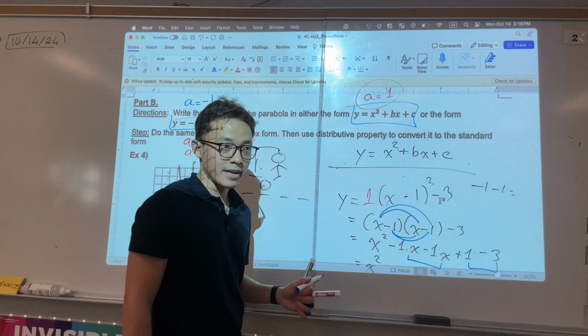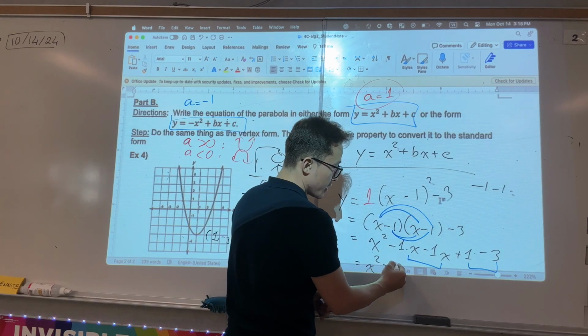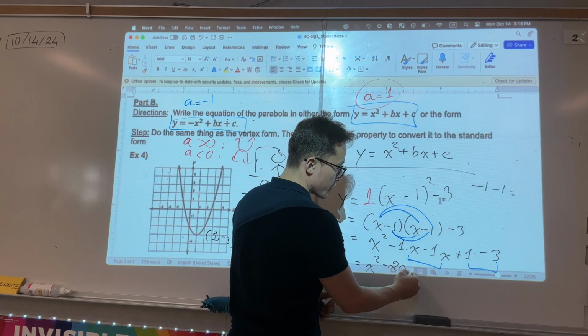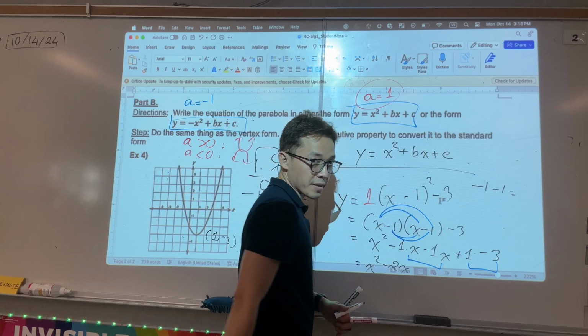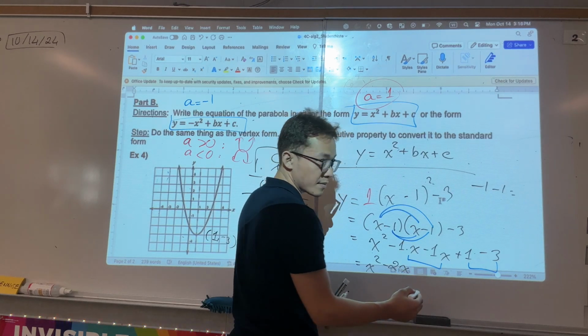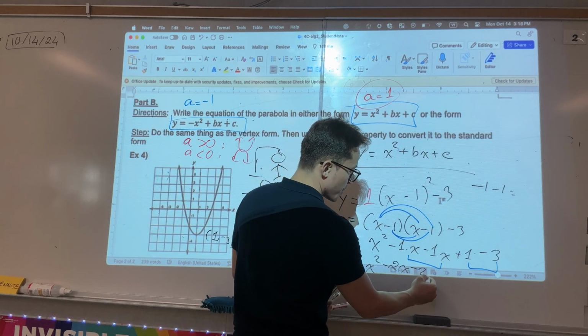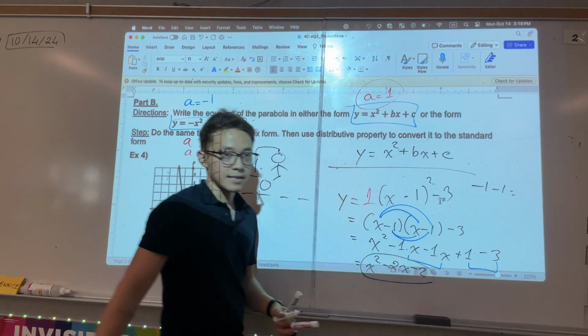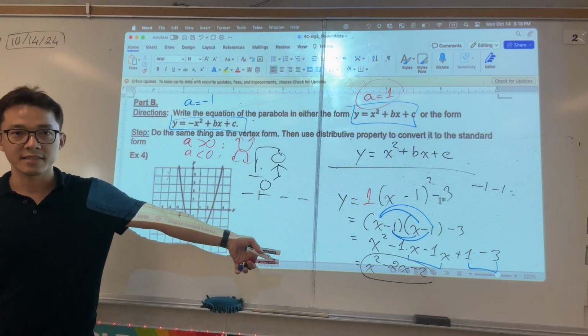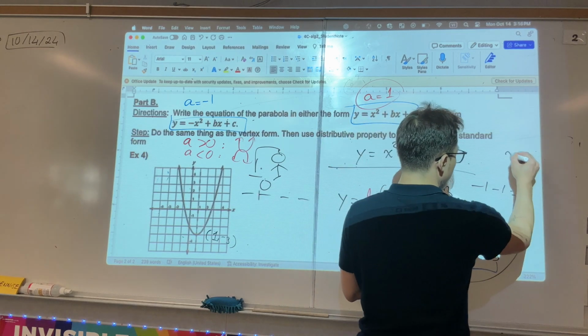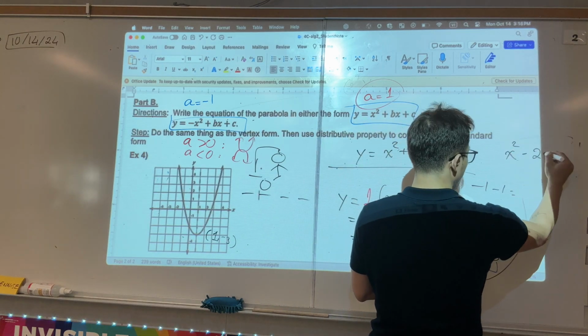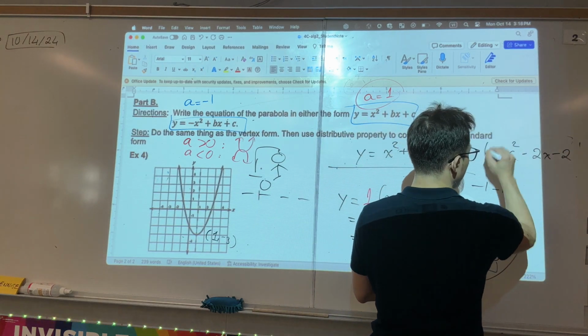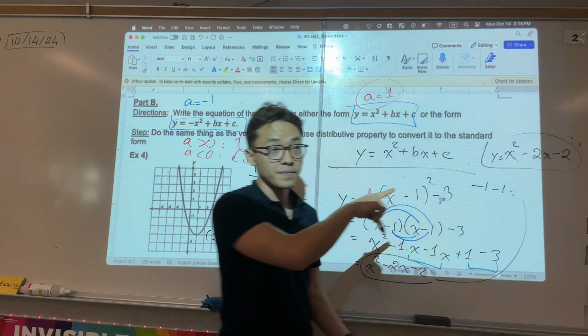I recommend using a calculator, okay? Don't make a computation mistake. What is 1 minus 3? Negative 2. That's it. Let me write the answer over here. You can see it: x squared minus 2x minus 2. Is it already in standard form? Yes.